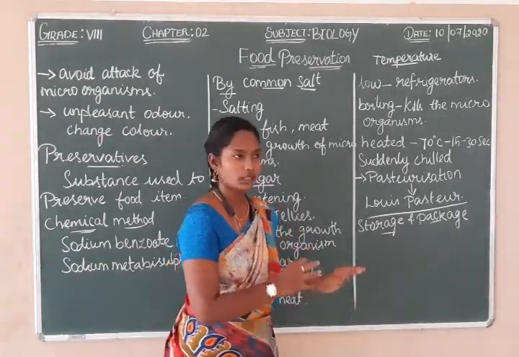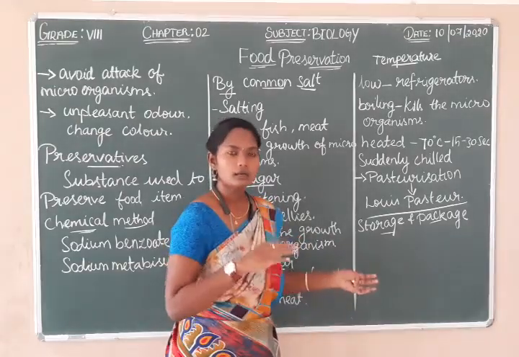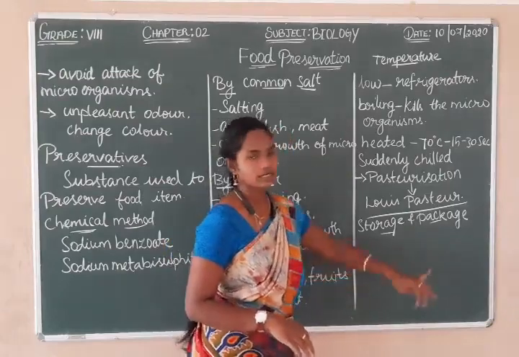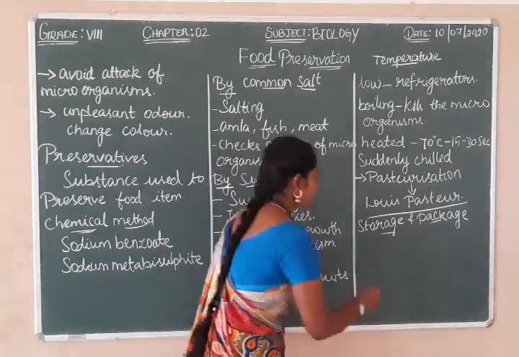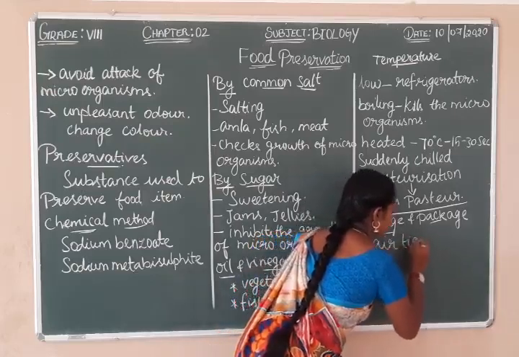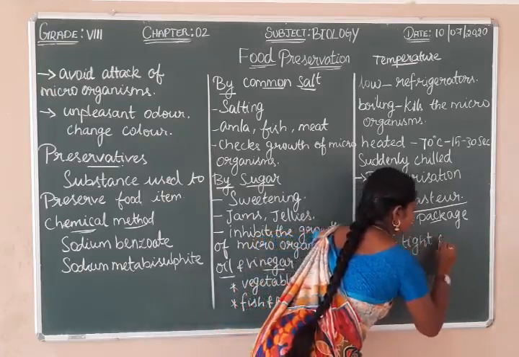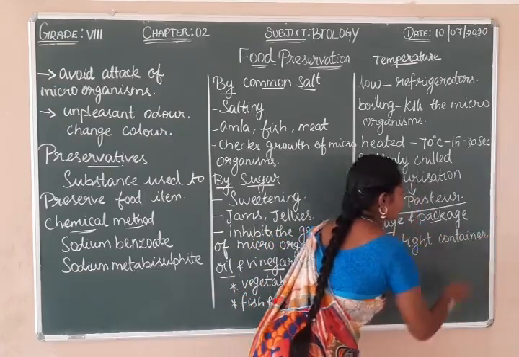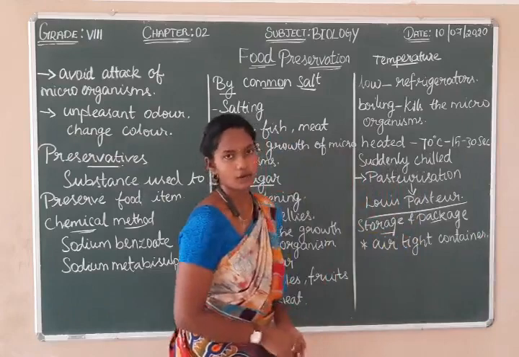So the air cannot enter, and the microorganism attack is lowered. This is called the storage and packaging method. An airtight container is used to avoid the attack of microorganisms.